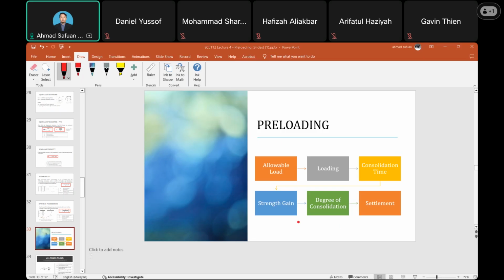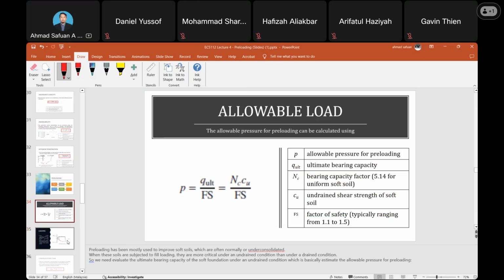From there, we can get the settlements. First, we need to calculate what is the allowable loads.